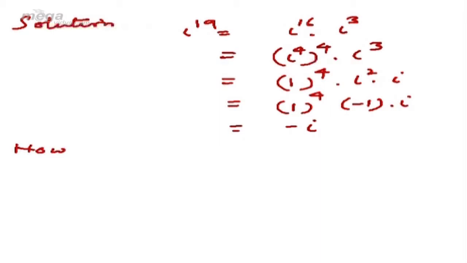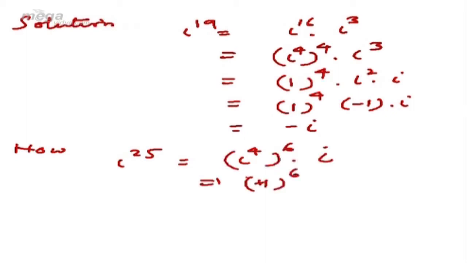Now if we write i to the power 25, this can be written as (i to the power 4) whole to the power 6 into i. i to the power 4 is equal to 1, so 1 to the power 6 into i, that will become i. So the problem will become (minus i plus 1 by i) whole to the power 2.